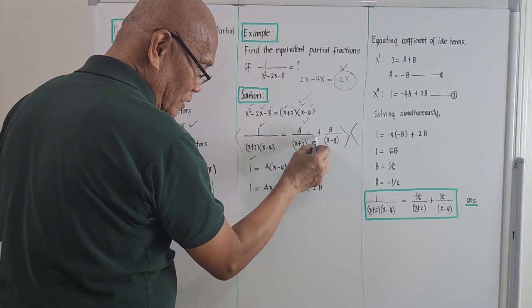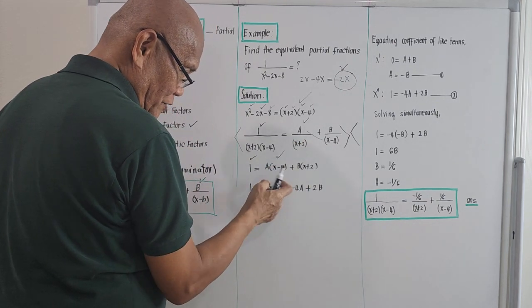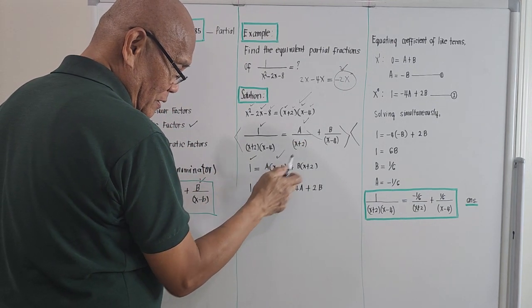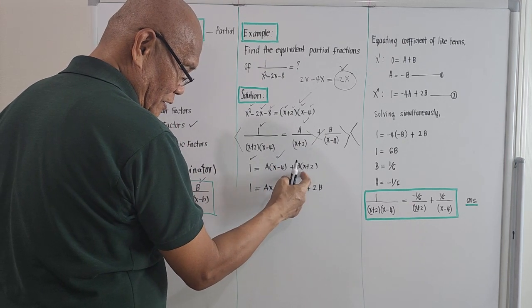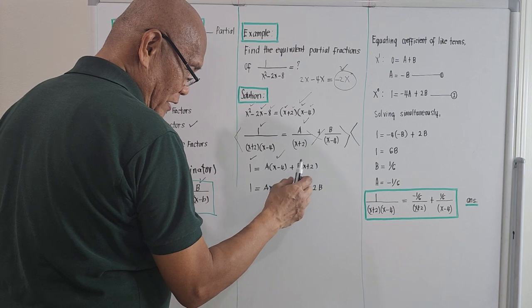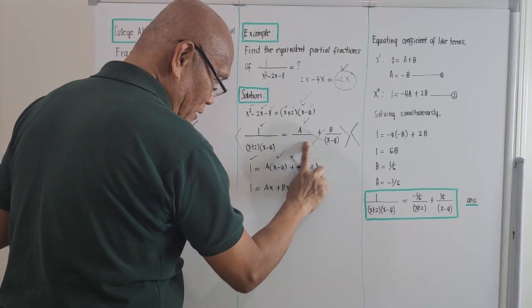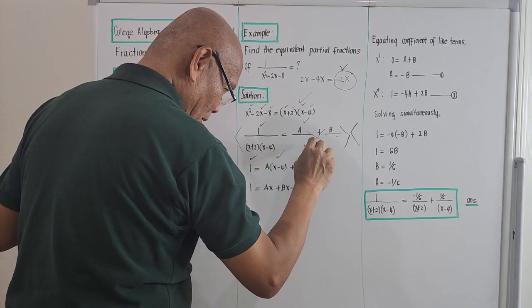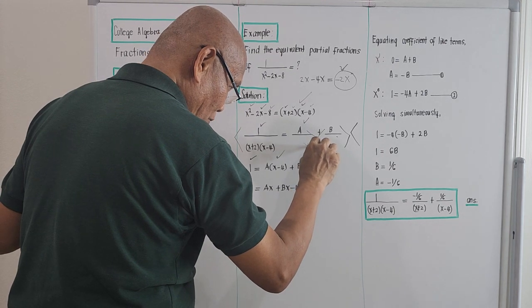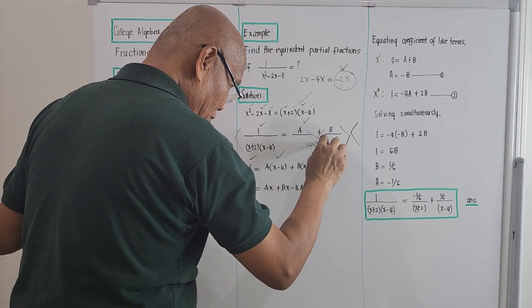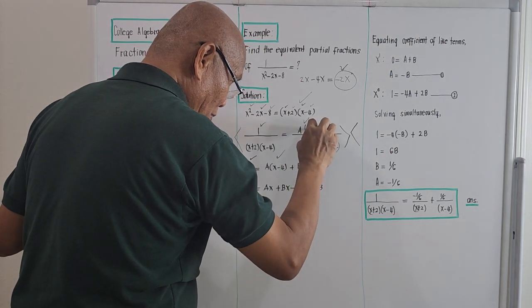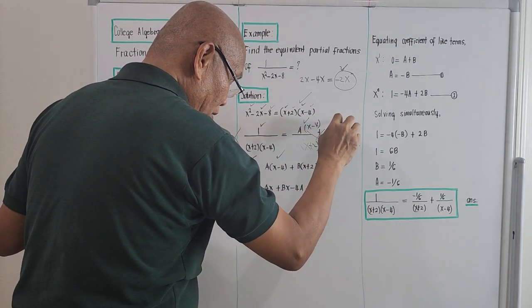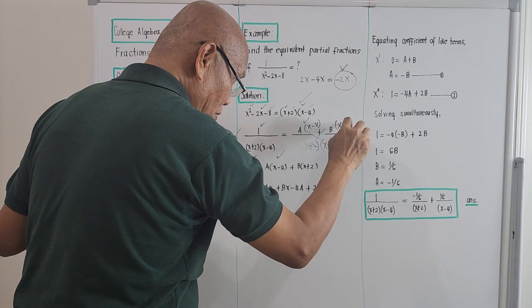We take the product of A times the quantity x minus 4, plus the product of B times the quantity x plus 2. The resulting denominator is the product of x plus 2 times x minus 4. This is multiplied by x minus 4 already, and this multiplied by x plus 2.